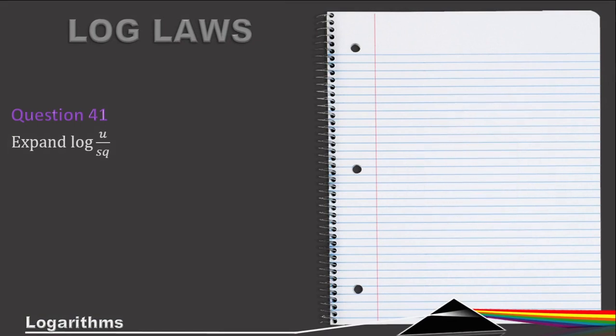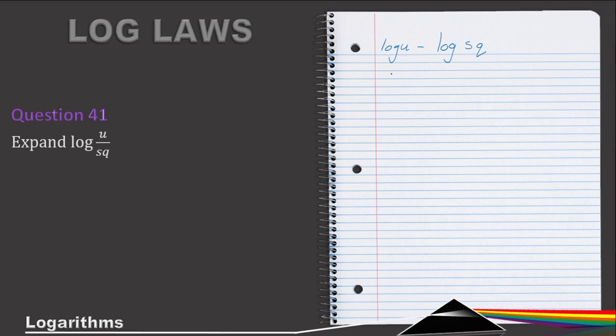Okay, question 41. Expand log u over sq. So we have a numerator over denominator, so I'm going to write log u minus log sq. Then this term I can further expand, but I must be careful because there's a negative in front of this term.